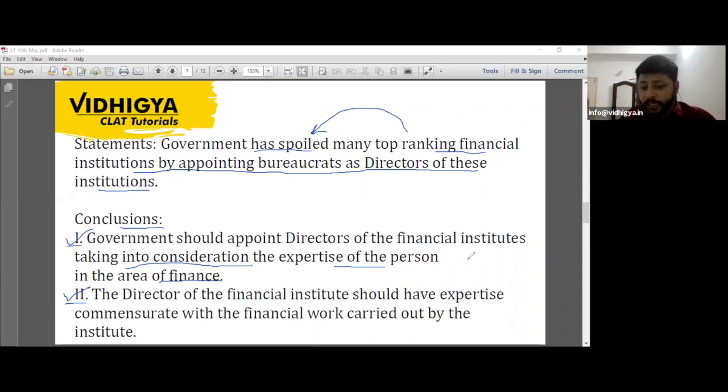If this one is considered correct by us, this one should also be the correct conclusion, because दोनों के दोनों एक ही क्रक्स पे बात कर रहे हैं, एक ही बेसिक आइडिया पे बात कर रहे हैं, that the person who should be appointed as the director of these institutions should have some expertise in the area of finance because the institution has to do all with the area of finance. तो उसका बेसिक जो कोर फील्ड है उसमें एक्सपर्टीज होना चाहिए.